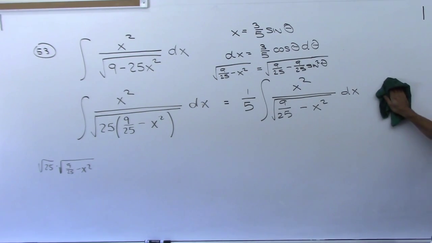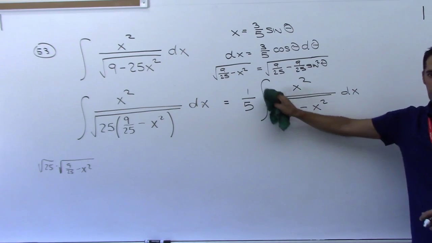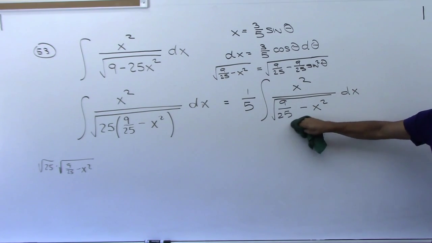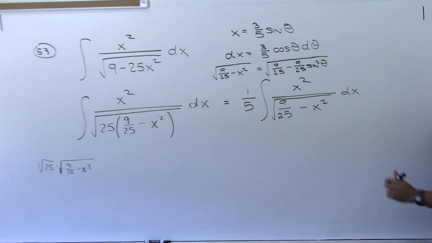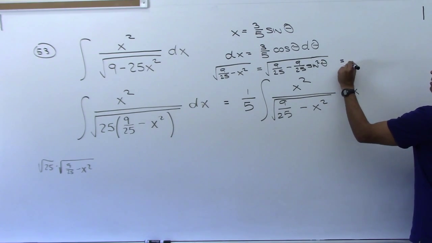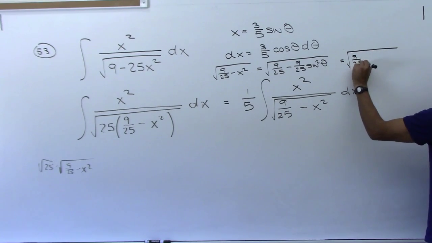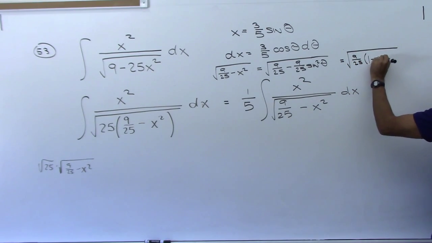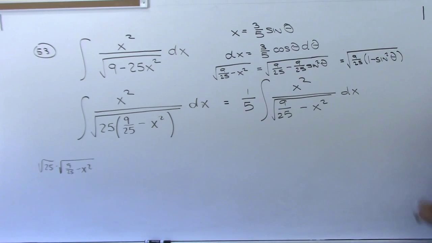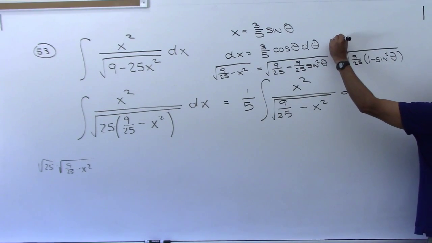I'm going to erase this, but y'all are going to have to remind me what it was, because that's the integral I'm working off of, right? 9 over 25 minus x squared. So, let's see, 9 over 25, then 1 minus sine squared theta, which turns into cosine squared theta, right? And then, I guess I'll just keep it here.